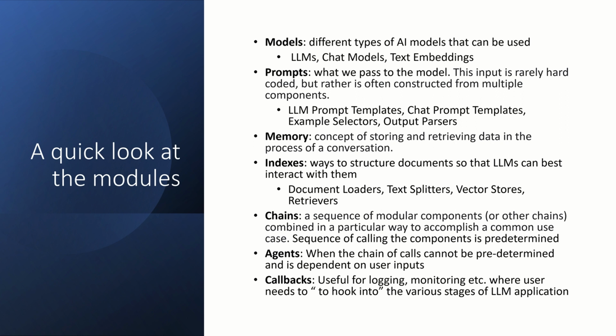Next comes the prompts. A prompt is basically what we pass on to the model. This would include instructions from the user, the context given by the user, and the format of the output. In real life, we hardly pass them on as hard-coded values.